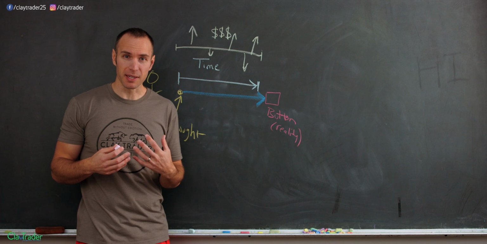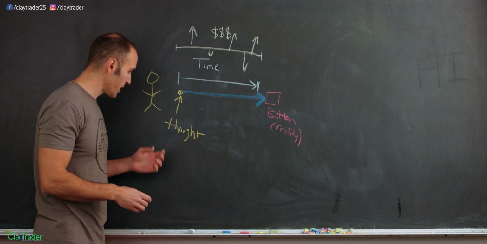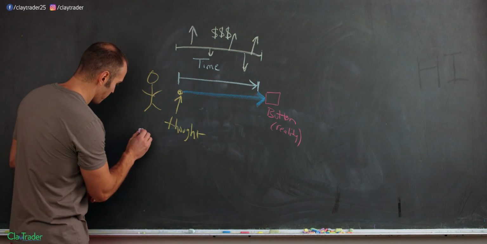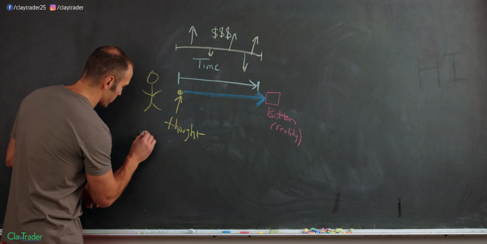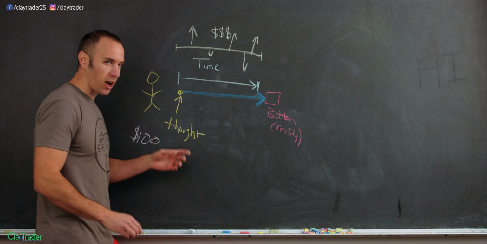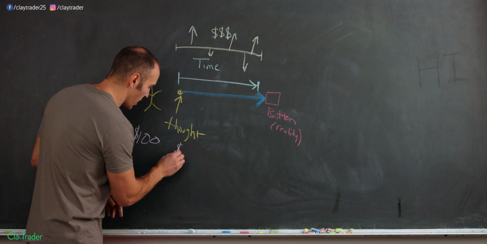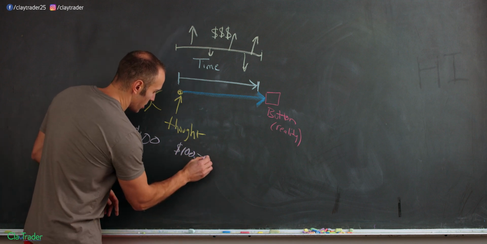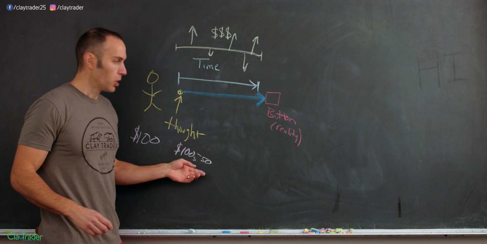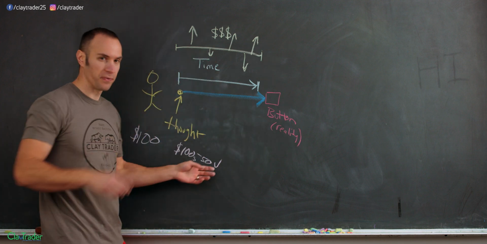And through my experience, for example, let's just say that I get in a stock at, and I'm totally making this up, $100. And my thought is, okay, I think it's done when it's at 150. So hotkey, boom, you get out at 150.